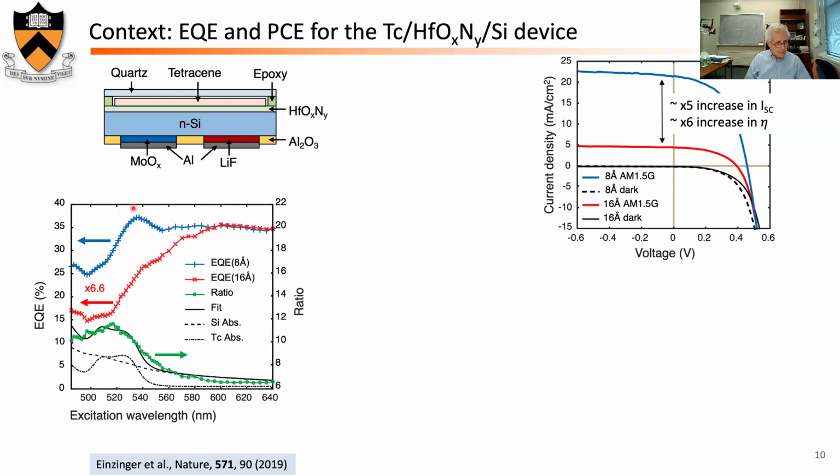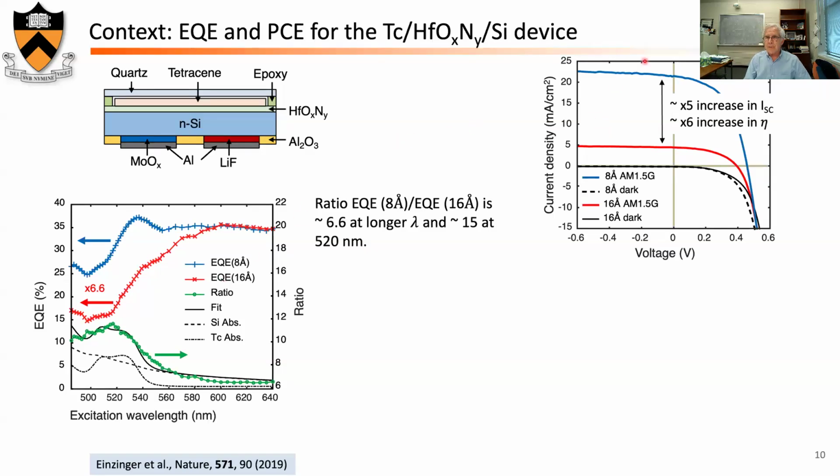But in the region of absorption in the tetracene, this is the absorption spectrum of tetracene, the EQE for 8 angstrom is significantly larger, going up to about 15 times that. So why is that? There are two specific reasons.